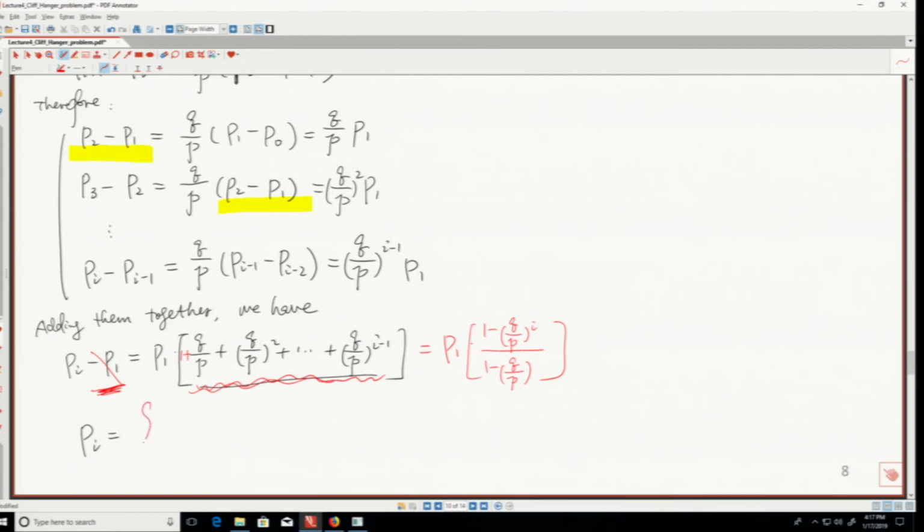So Pi is actually equal to 1 minus Q over P to the I, not square, I, over 1 minus Q over P, and then P1, or it could equal I times P1. This is if Q over P does not equal 1, and the second if Q over P equals 1. My writing is terrible. Okay.